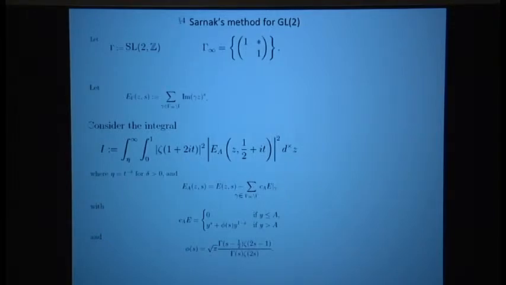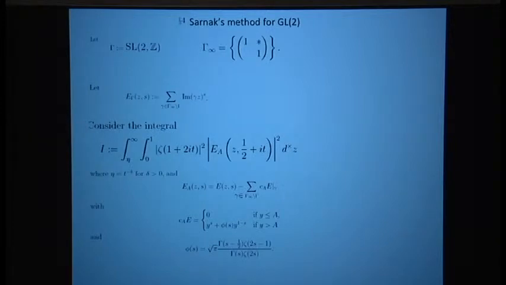And the tail is 0 if y is smaller than the truncation parameter A. Otherwise the tail is the constant term of the Eisenstein series, y to the s plus phi of s times y to the 1 minus s. Here, phi of s is the ratio of the completed zeta function.